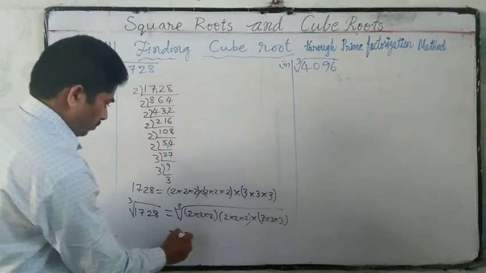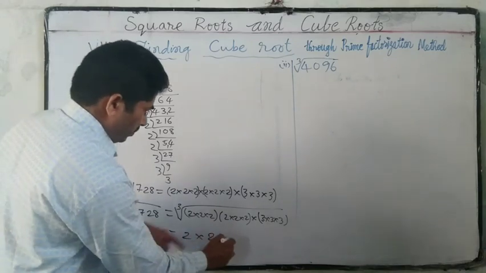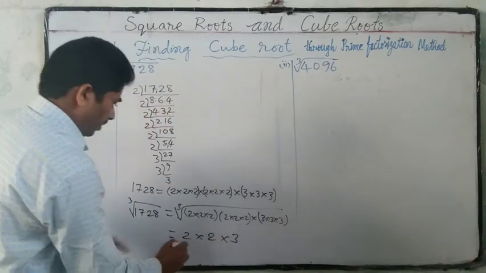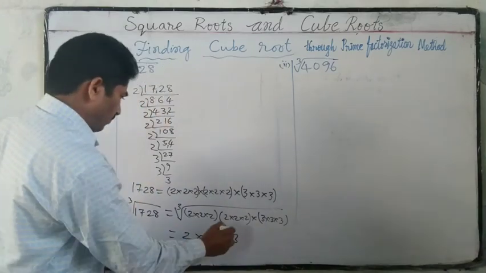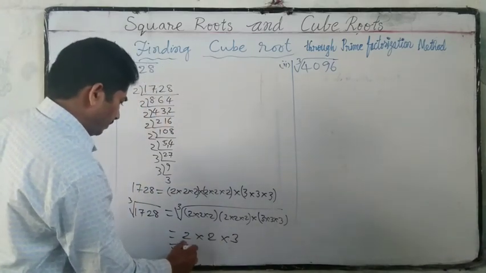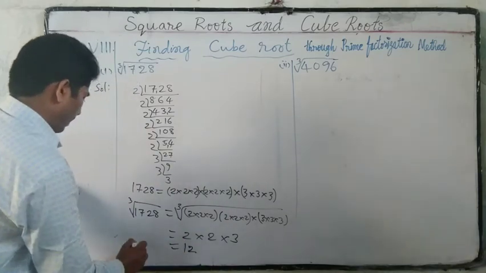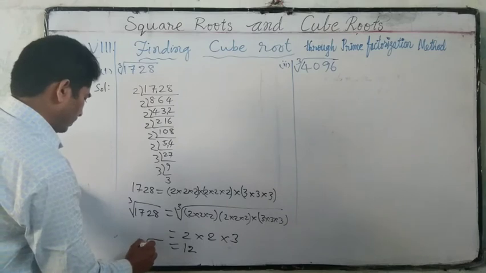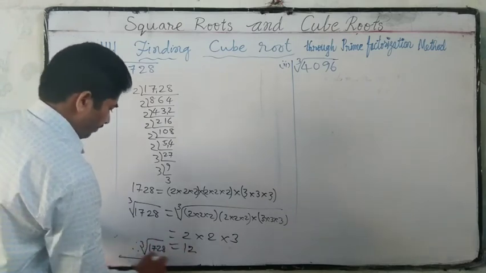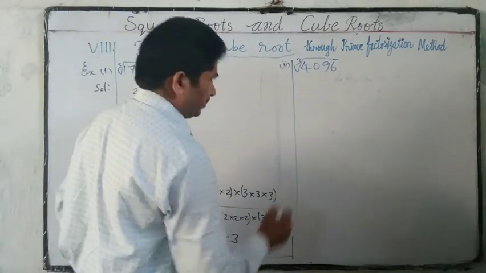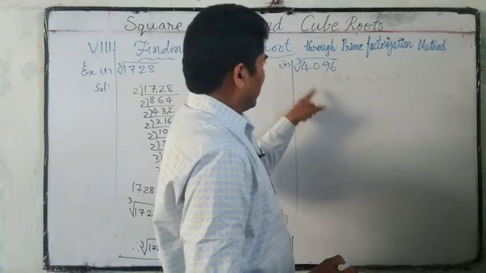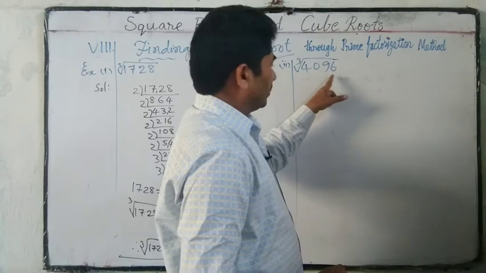In this one 2, in this one 2, in this one 3. Now we have to multiply these: 2 twos are 4, 4 threes are 12. So cube root of 1728 is equal to 12. This is the answer. Next, the second one, cube root of 4096.